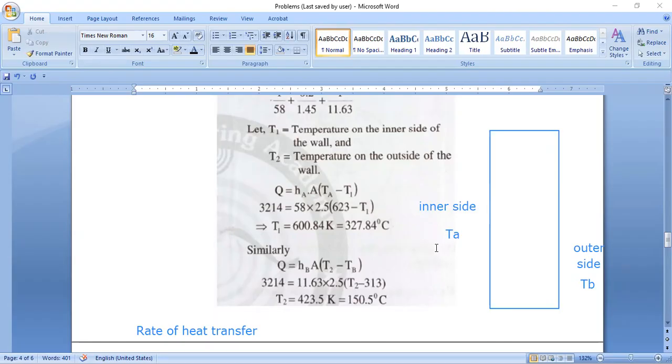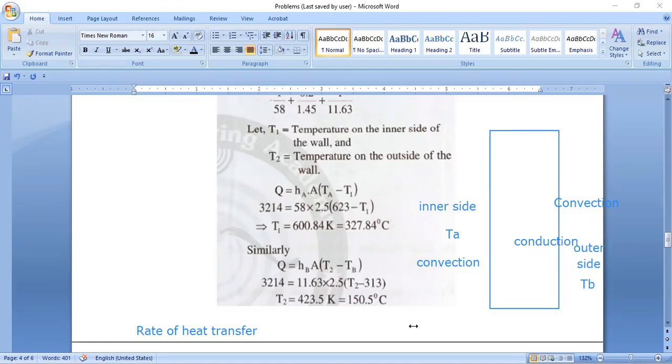You have to find out the heat transfer coefficient. See here, this inner side will be convection mode of heat transfer, and this is also convection, and this is the conduction.